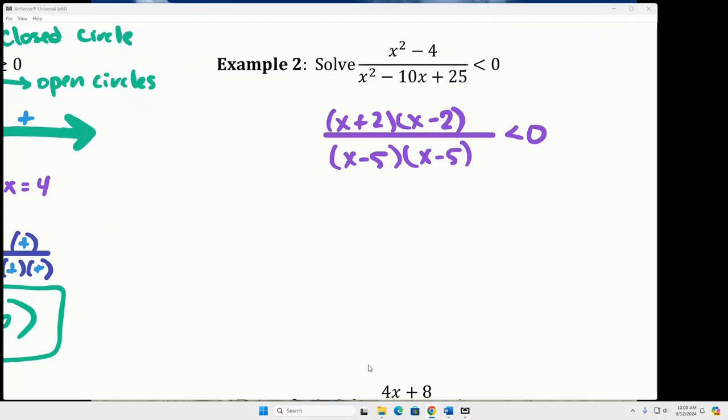And then to make this a little easier on us, I'm going to change that denominator to x minus 5 quantity squared. Because I know on that one, there's one less set of parentheses to do, and I know it's always going to be a positive. It'll just save us a little bit of time.